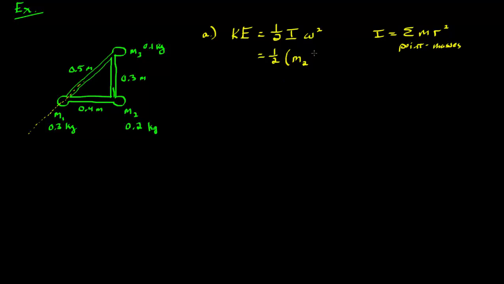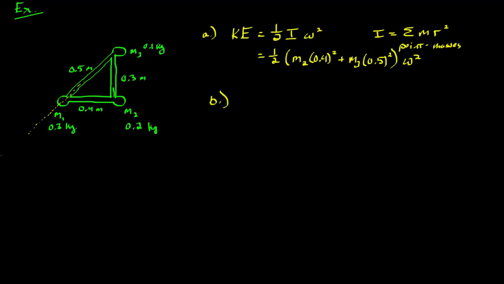So times 0.4 squared plus mass 3 times the distance here, 0.5 squared. And then we'll take that whole quantity and multiply by omega squared. So whatever that is, that would tell me the kinetic energy. I'm not going to finish this. The important thing is just to keep in mind, you have to draw the situation and think about what's included and what's not.